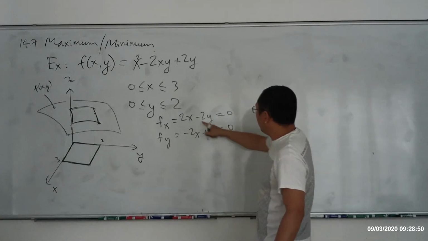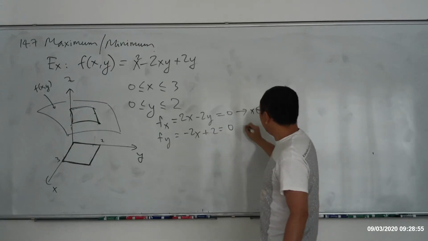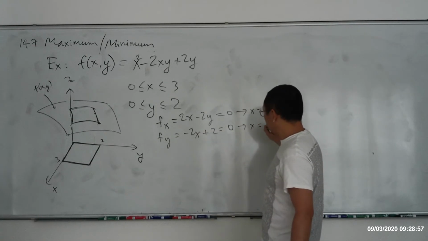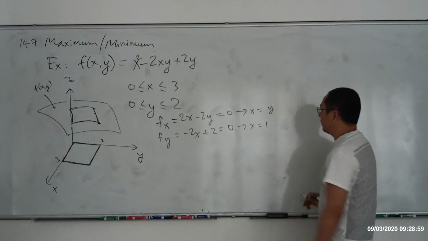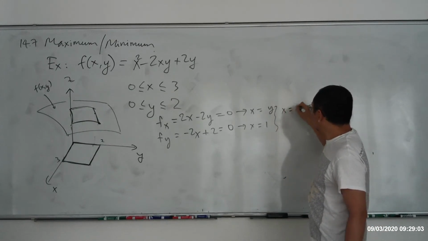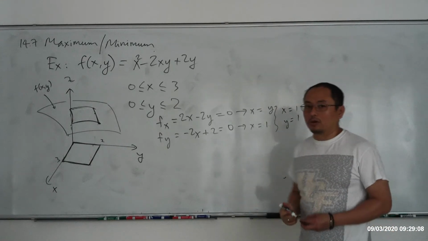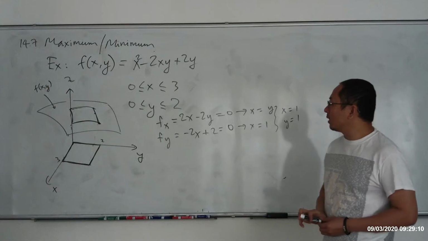The first one, we have obviously x equal to y. The second one, we got x equal to positive 1. So together, we have the point x equal to 1 and y equal to 1. There is only one critical point, x equal to 1 and y equal to 1.